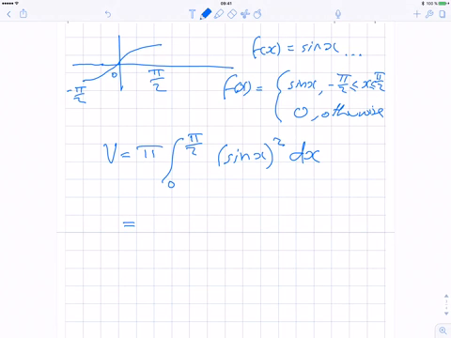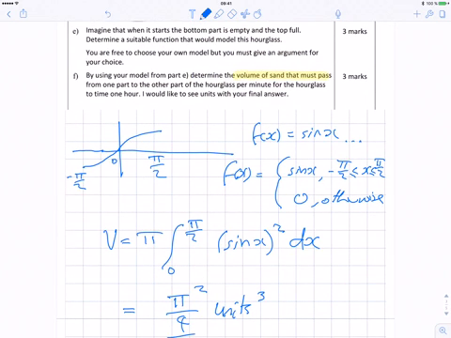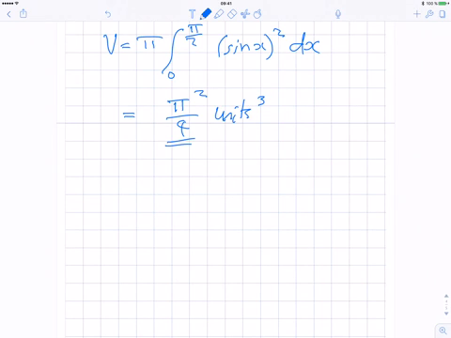Now, I'm not saying this is the only answer you could have, but it's the answer that I've chosen to use. And I get a volume of pi squared by 4 units cubed, and it gets per minute, so the volume per minute is going to be this divided by 60.